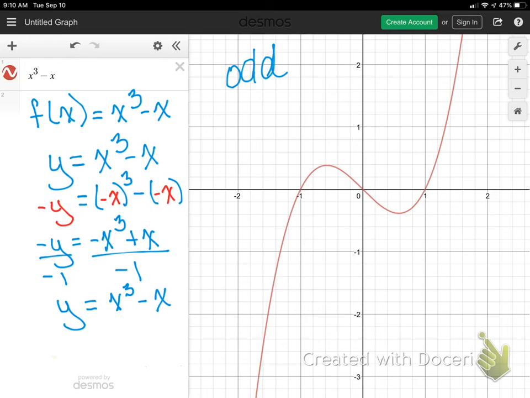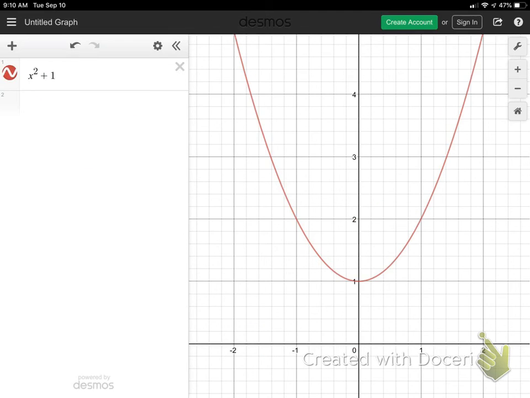Can I do the next one? Okay. Here we go. This is f of x. f of x equals x squared plus 1. Okay? That's the same thing as y equals x squared plus 1.